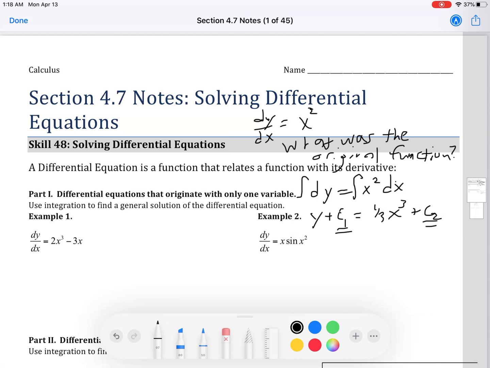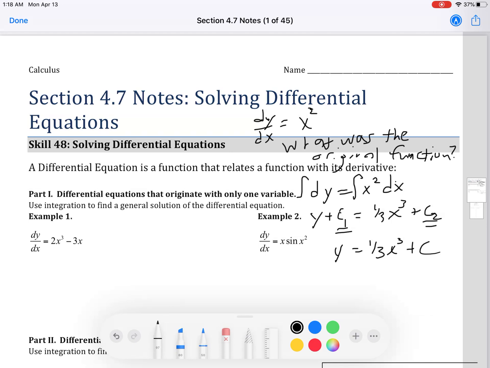You're getting two different constants. But when you're getting y by itself, the c1 and c2 combine to form another constant. So we just put our answer with plus c at the end. So when we get y by itself, I get 1/3 x cubed plus c. So we actually are doing differential equations when we're doing our basic integrals.